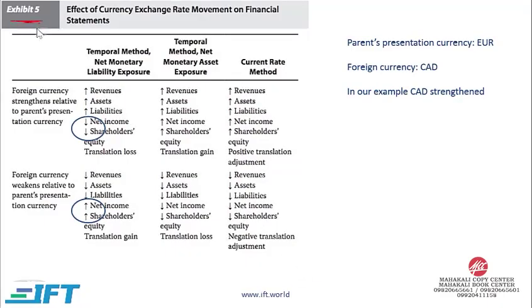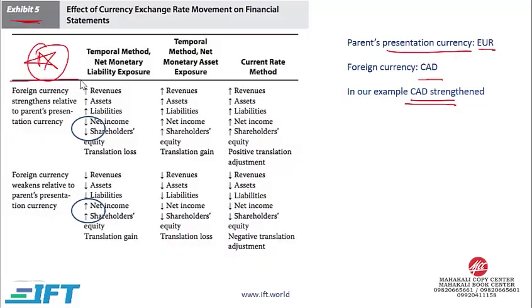This is Exhibit 5 in the curriculum. It actually is shown a little later, but I think this is a good place to discuss the material shown over here. And I'd say that from an exam perspective, understanding this exhibit is essential. We know that our parent's presentation currency is the euro, the foreign currency is the Canadian dollar, and in our example, the foreign currency has strengthened.